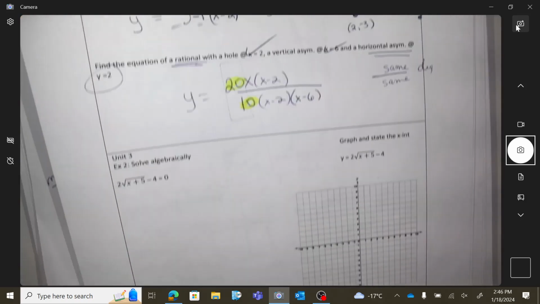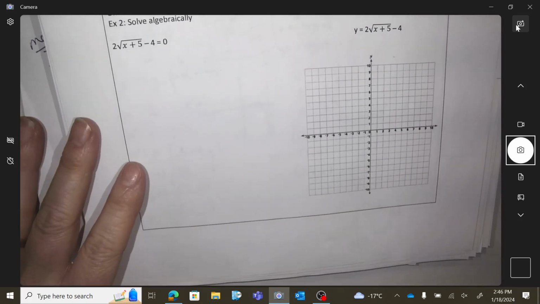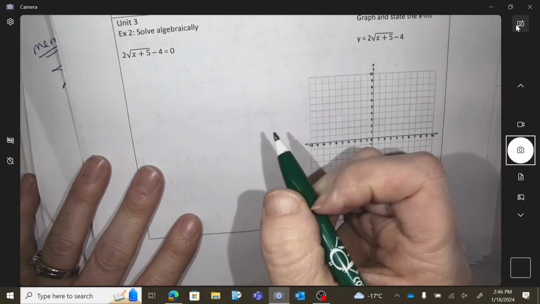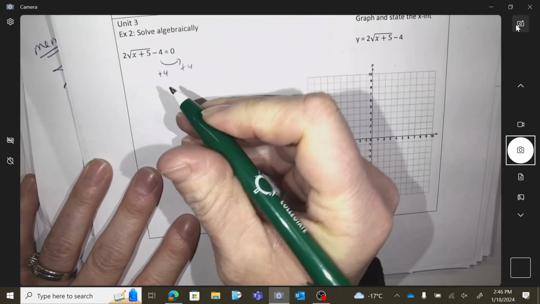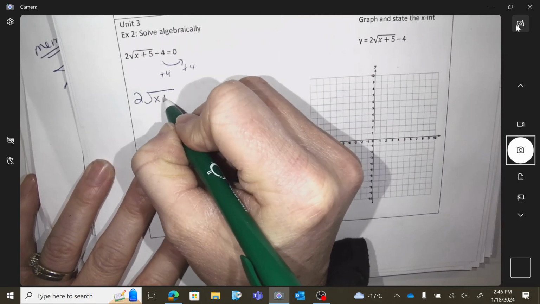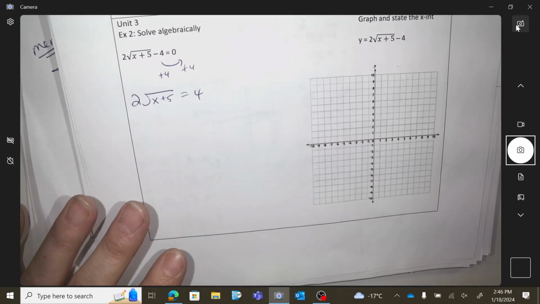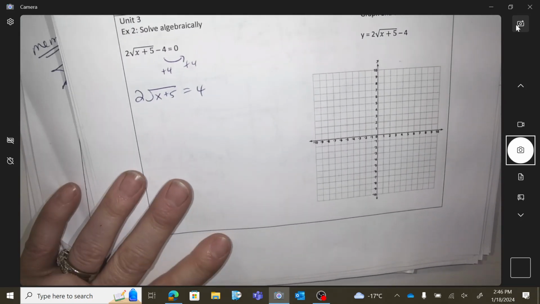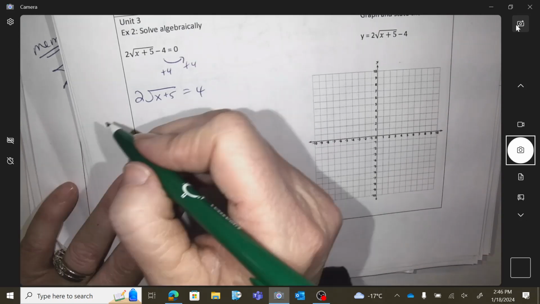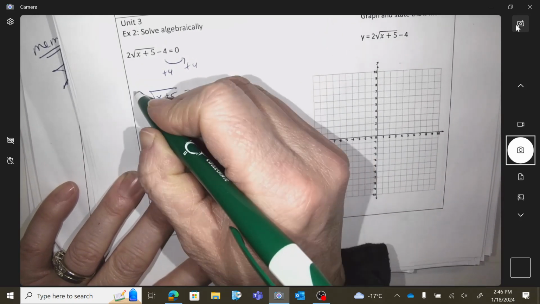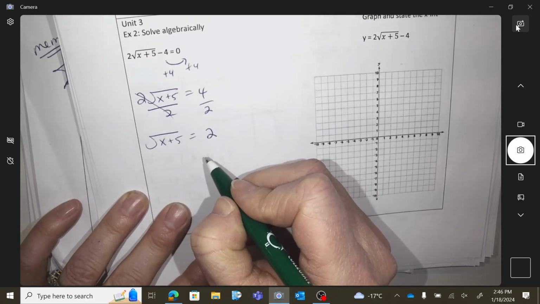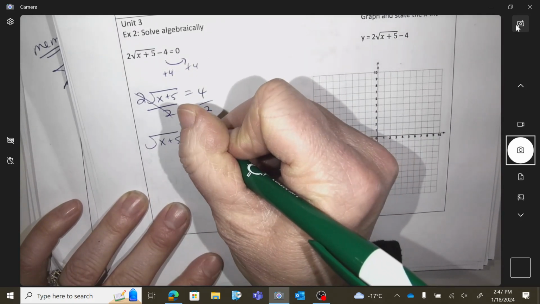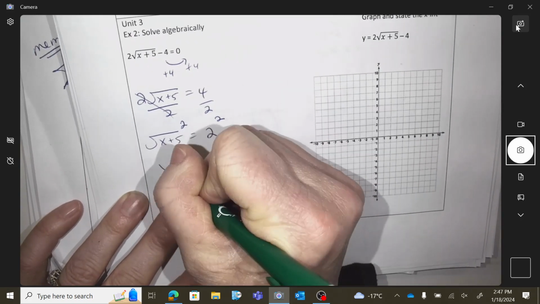Okay, solving this algebraically. So isolation, I'm going to add 4. Divide by 2. Then I'm going to square.